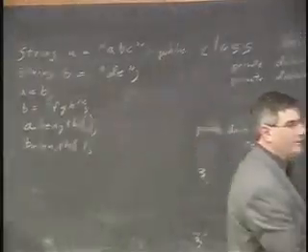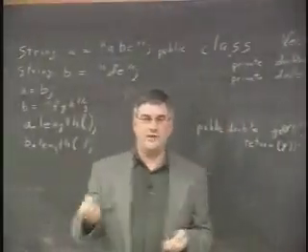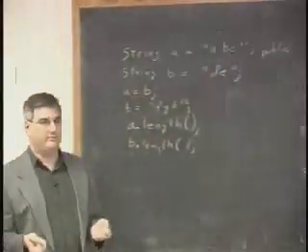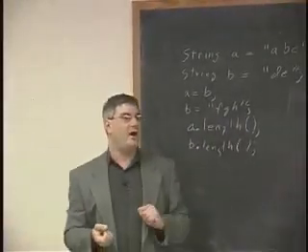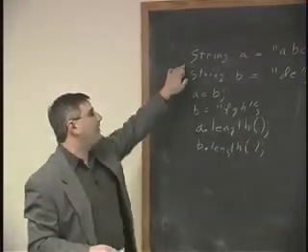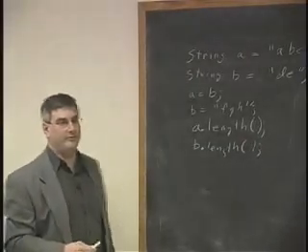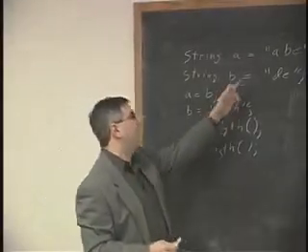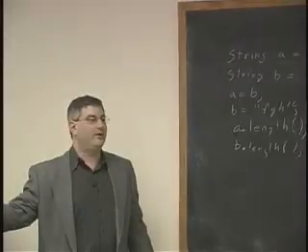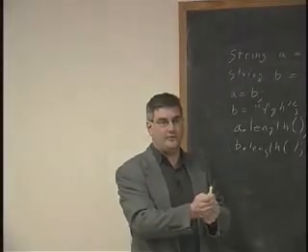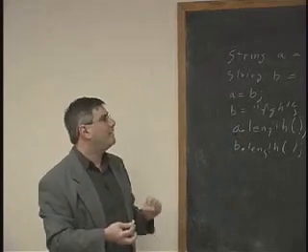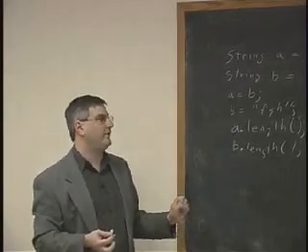Once you make one, you carry it around, you pass it around, you operate on it, but you never change it. Some classes are immutable, some classes aren't. The string class, for example, is immutable. Once you've made a string, you can't change that string. You can concatenate it and make other strings. You can get a substring of it, which is given to you as a new string, but you can never change the guts of it.